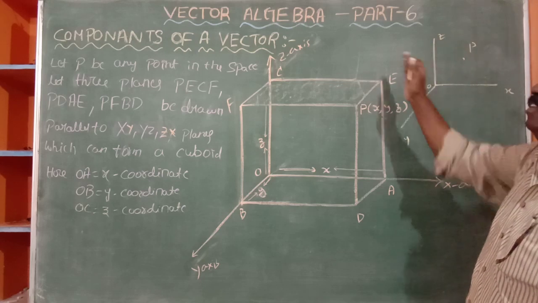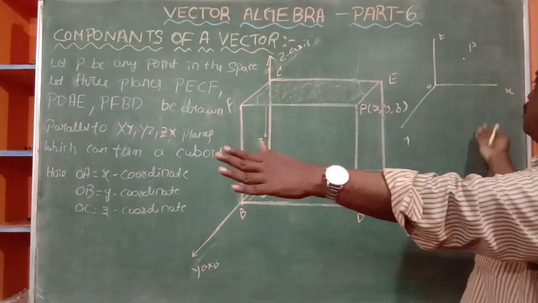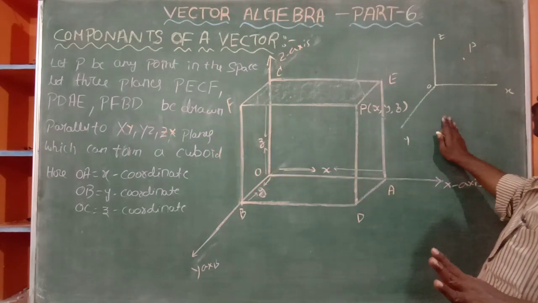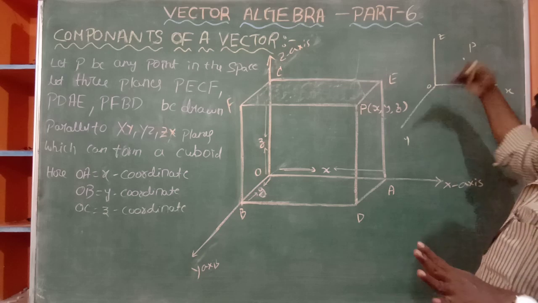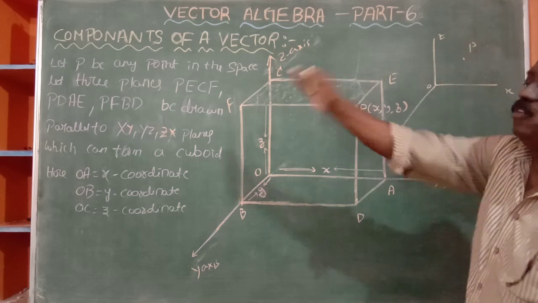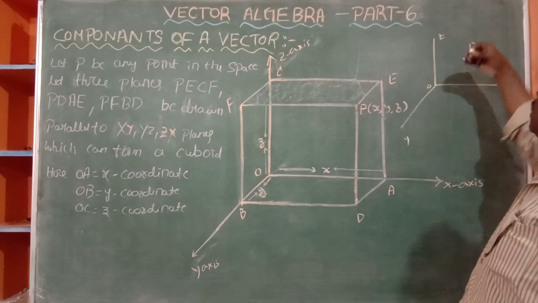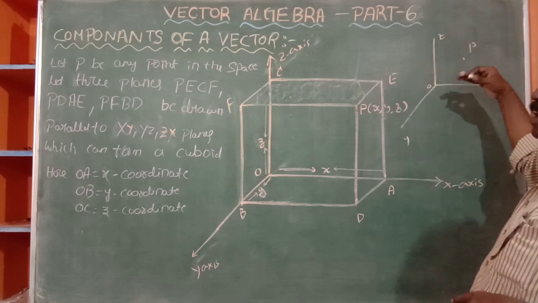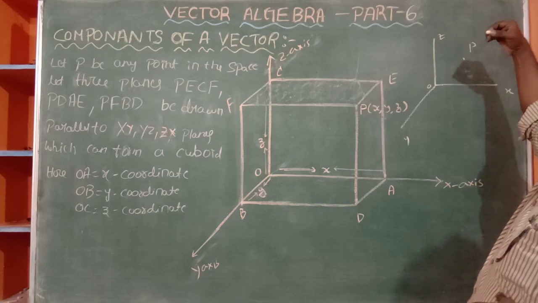This is the side wall, and it is the floor. XY is the floor, XZ is that wall, YZ is this wall. P is here only, in this room, in this space.